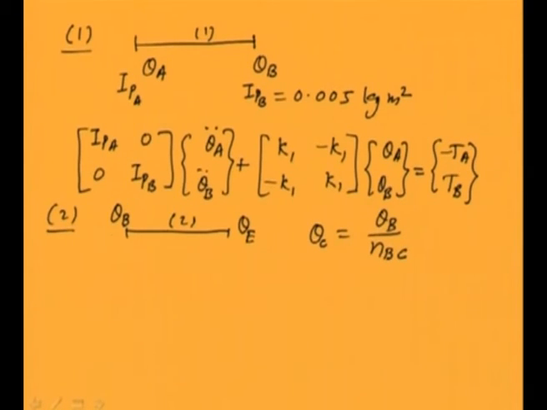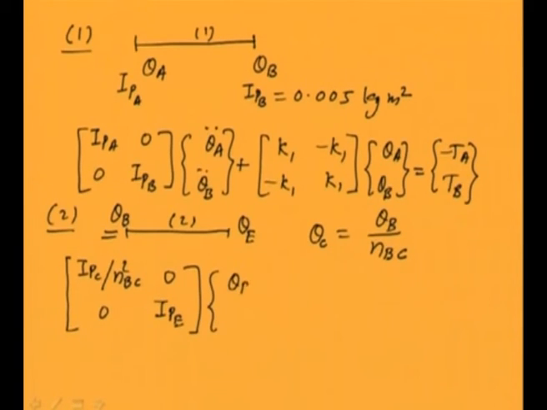So we are able to eliminate theta C from this element. So the elemental equation will be IPC over BC square, 0. Here theta B double dot is there, that's why we have to divide by the gear ratio.